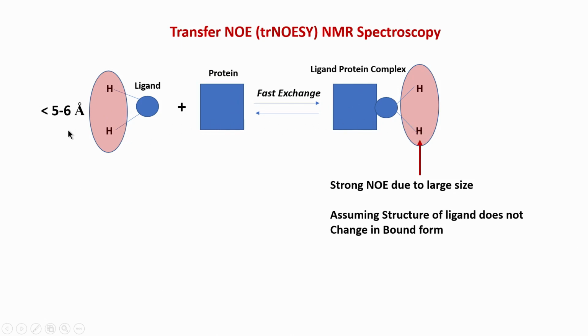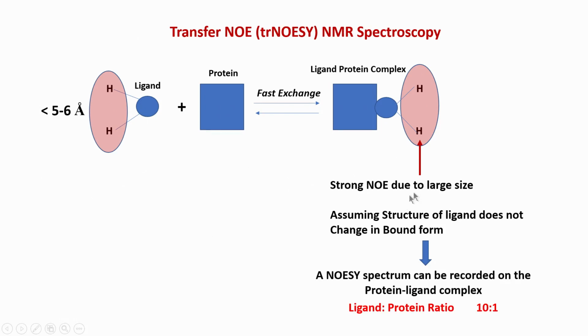Whenever there is fast exchange, this NOE effect shows up in this molecule, even though this molecule itself does not have any NOE. This looks like a contradictory or confusing statement, but we will see how nicely this shows up in a spectrum.